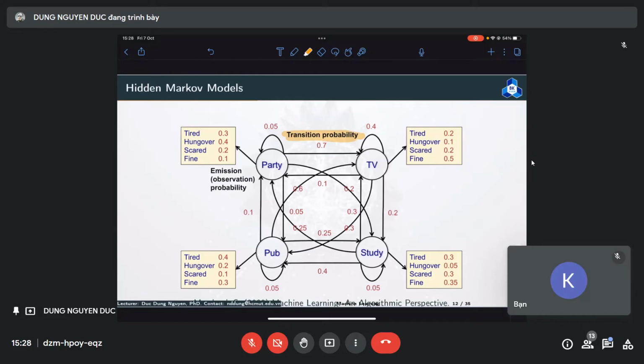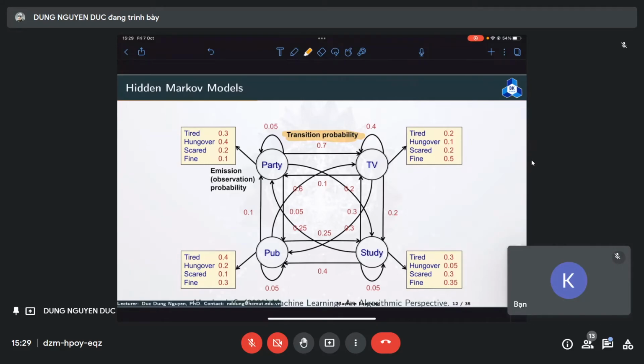That's reasonable, right? And so on. So you may have a lot of probabilities here. Just note that you can transition from one state to the other state. And this topology shows how you transition from one state to the other.